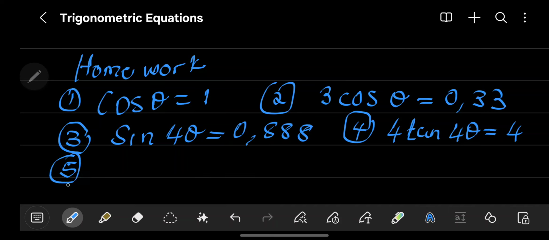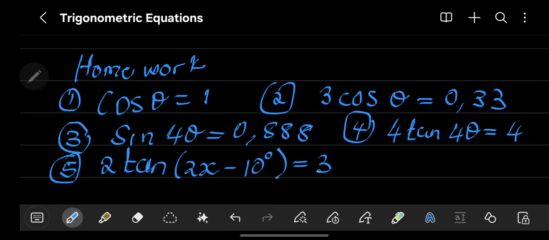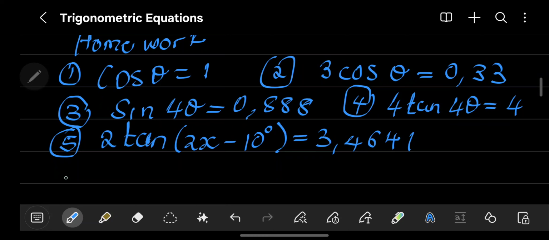Number 5, it is going to be 2 tan open bracket 2x minus 10 degrees close the bracket, it is equals to 3,4641.